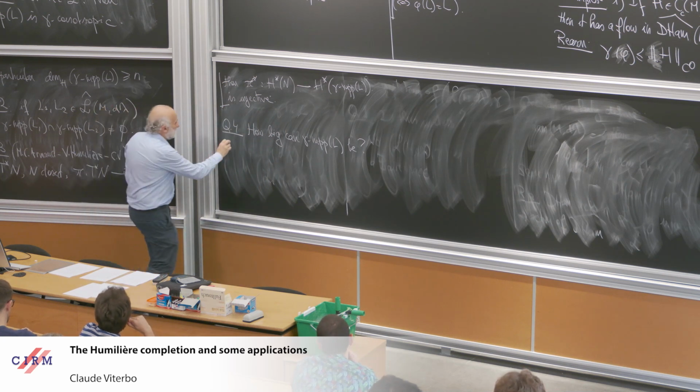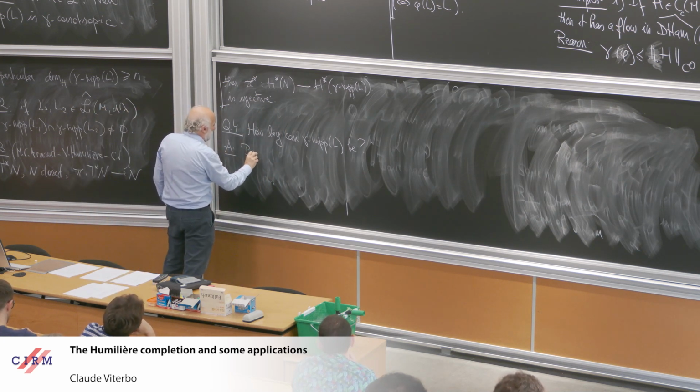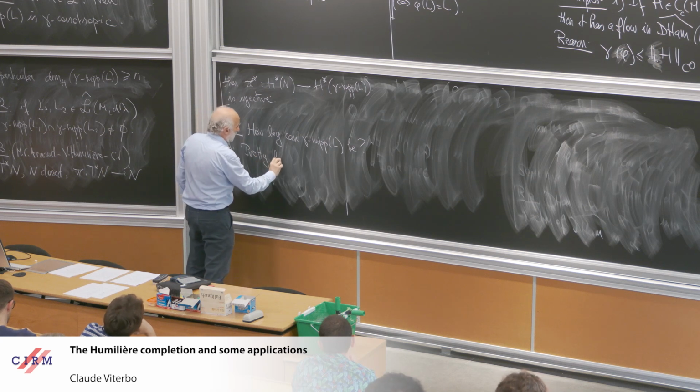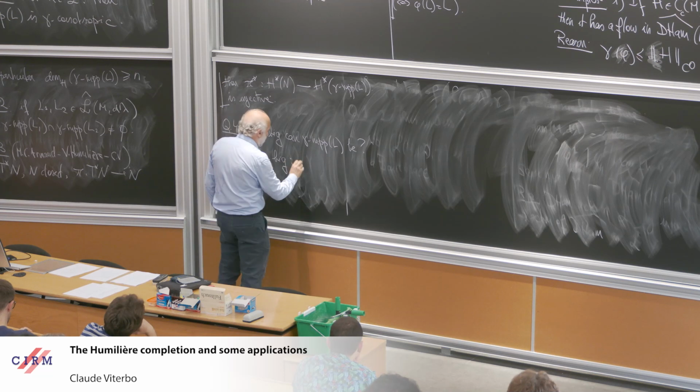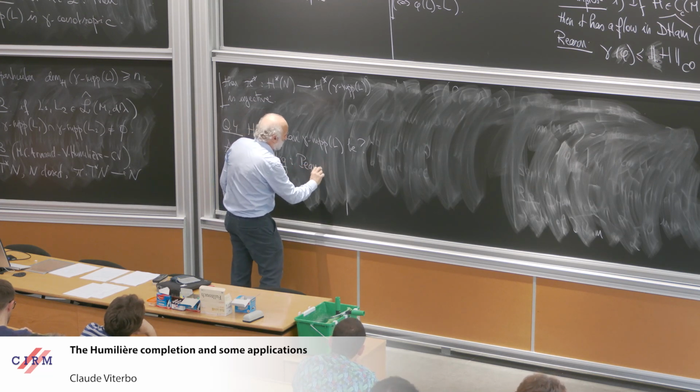And the answer is that it can be pretty big. For example, you have what I call Peano Lagrangians.